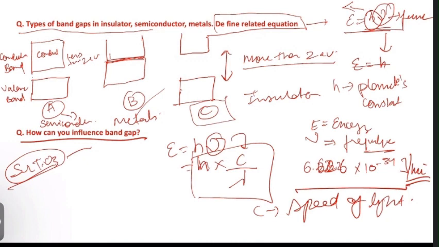But we have to influence the band gap, that means reduce the band gap. What are the factors you have to play with in order to reduce the band gap? We have studied three factors in the lectures. What are those factors?